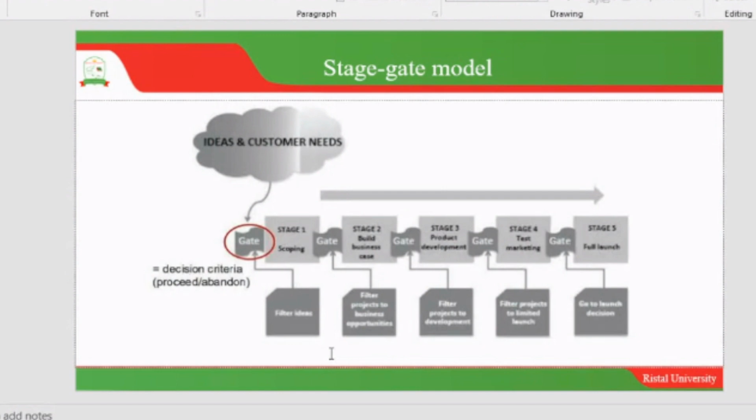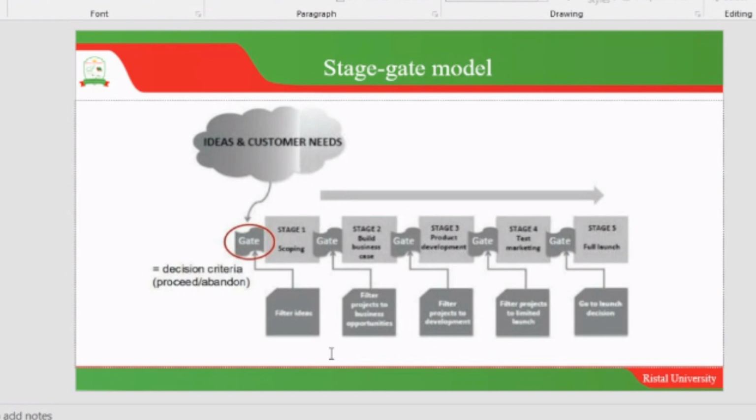But remember, we have limited resources. So before we think of the best idea that we could implement, we are triggered by that gate to say, wait a minute, which idea is now the best, or which ideas are the best. Then we can move on after that gate.